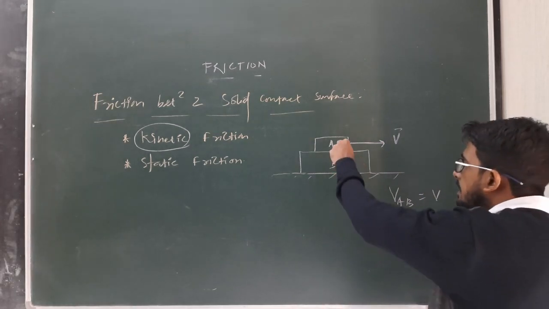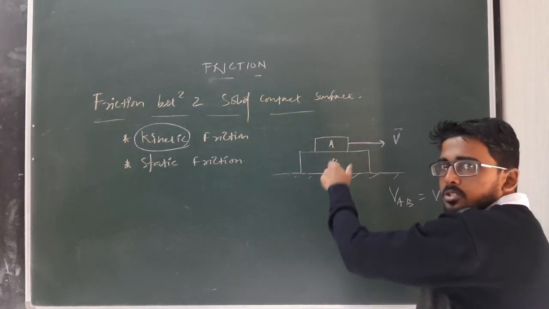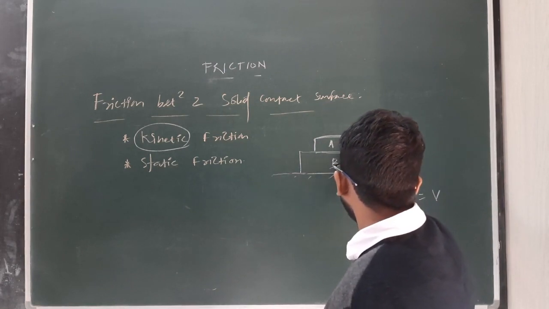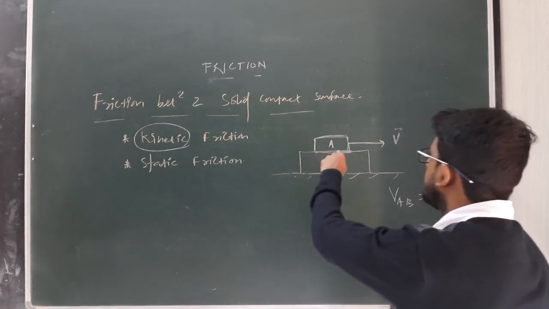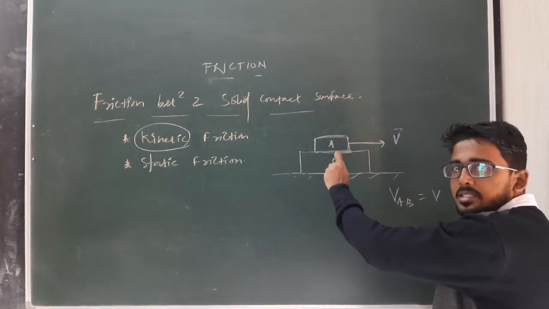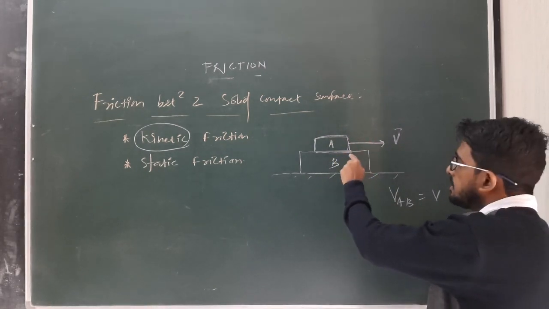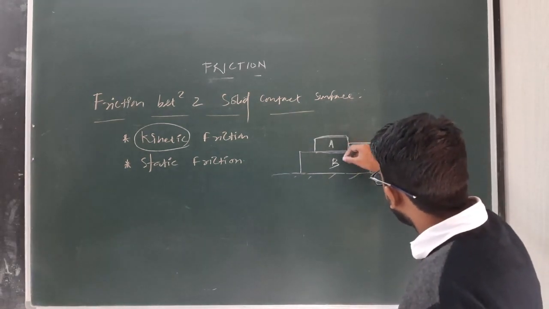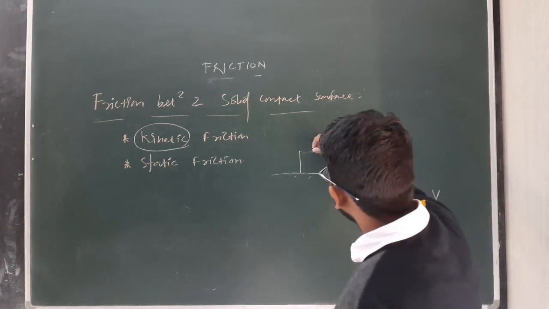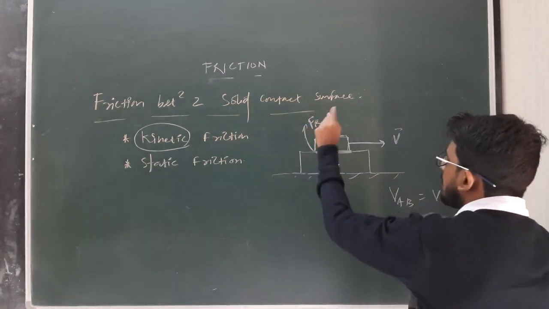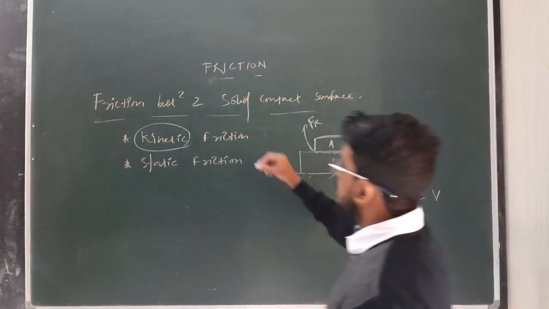So there is a relative motion between these two blocks. As these two blocks are in contact in this region, there must be a contact force experienced by these two blocks, and the tangential component of the contact force is known as the frictional force. So here, as there is a relative motion between these two blocks, if a frictional force acts, which is denoted by Fr, then the type of frictional force is known as what? Kinetic friction.